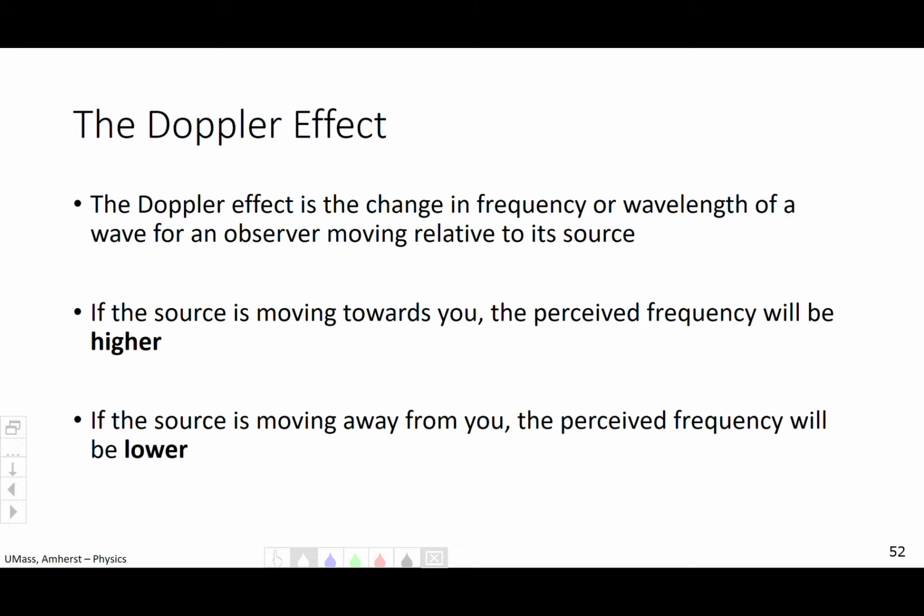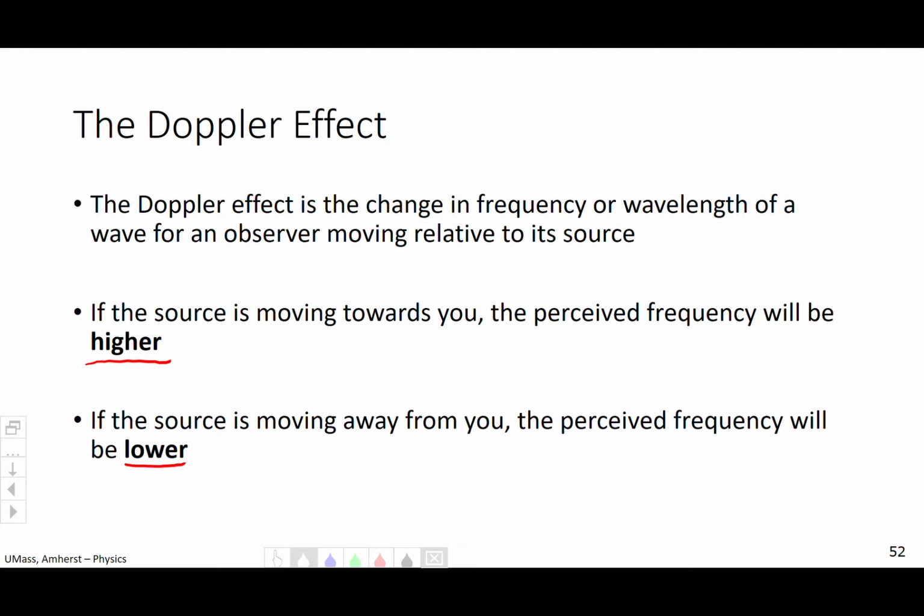If the source of the sound, it's usually sound, but it actually can be any wave, is moving towards you, the perceived frequency by you, the observer, will be higher. And if the source is moving away from you, the perceived frequency will be lower.